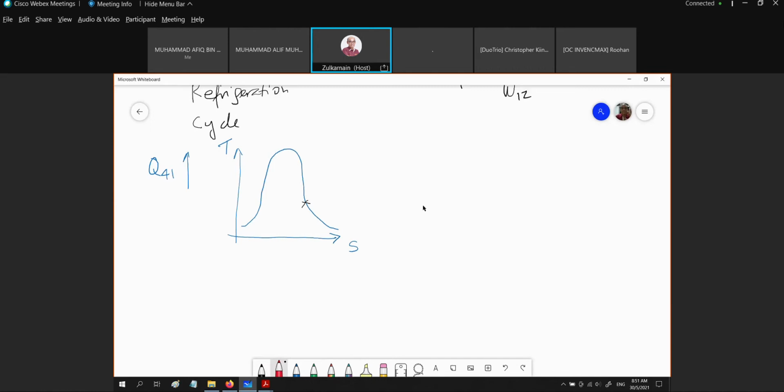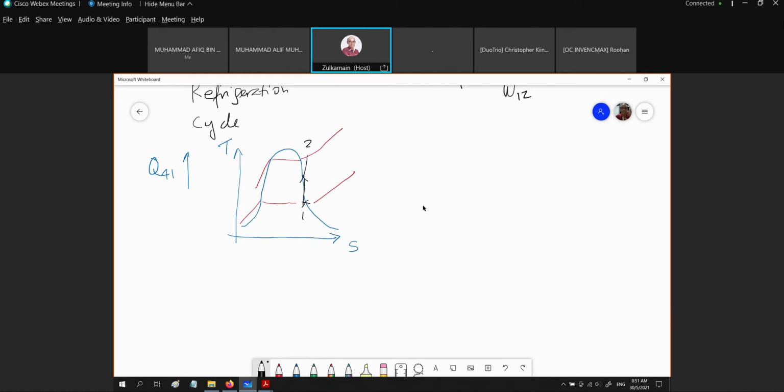So if we move point 1 to the saturated vapor, then at the end of the compression process we are going to have a state of superheated vapor. Okay, this is 1, this is 2. So this is superheated.